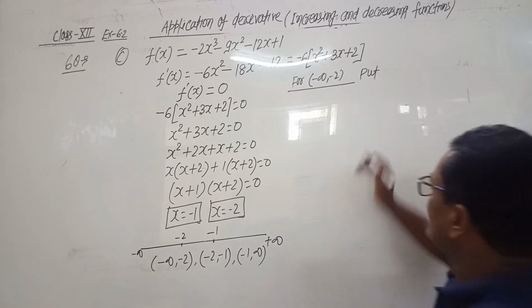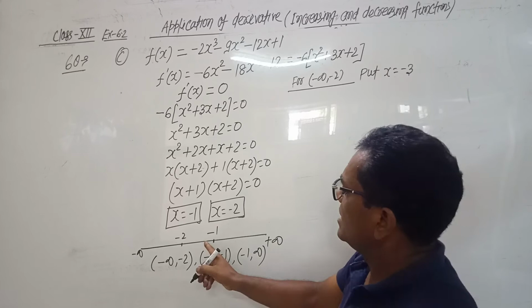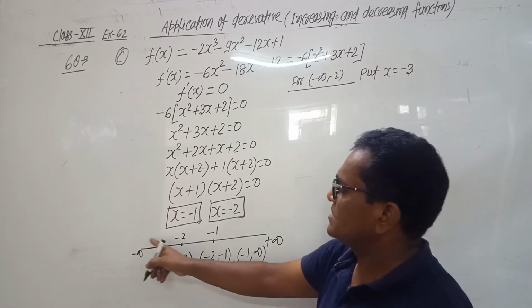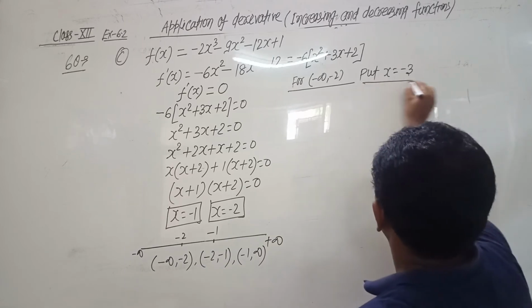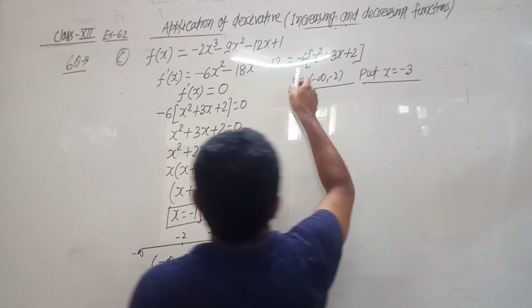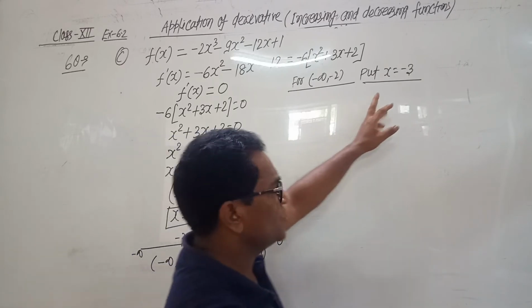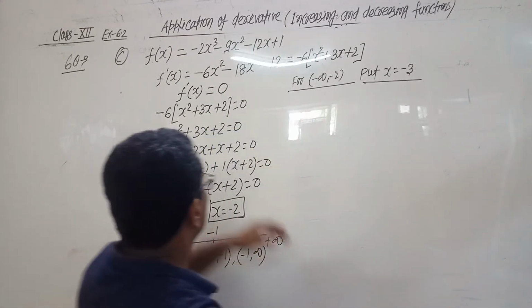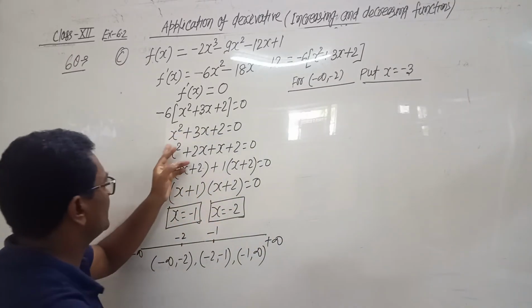So we can take x equals to minus 3, because minus 1, minus 2, minus 3, minus 4. So we have taken x equals to minus 3 and we have to put this value in the original form of f dash x. You have to keep in mind that we have to put the value of x in the original form of f dash x, not in the simplified form.